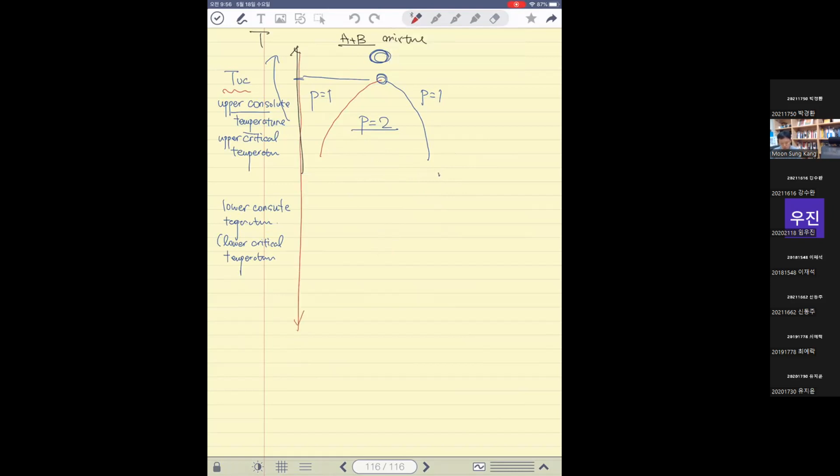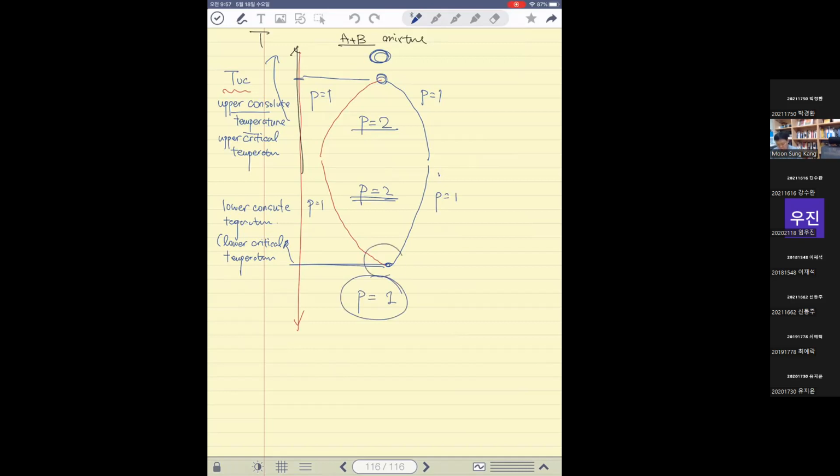This curve can go back to this shape here, and this curve can go back to this shape here. And it tells you that here you had two phases, single phase, and once you go below this temperature, which is the lower critical temperature or lower consolute temperature, now you have single phase no matter what.